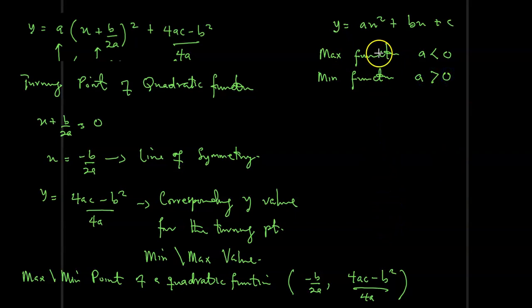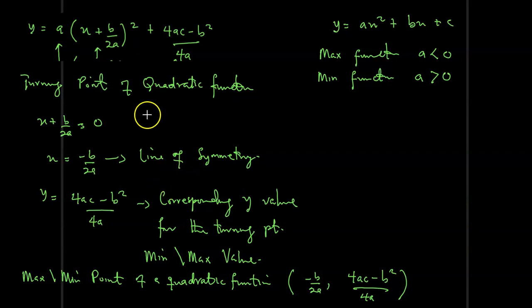So having that in mind, it makes it very easy to determine whether the quadratic function is going to be a maximum quadratic function curve or a minimum quadratic function curve. I'll be making a new video on curve sketching in terms of quadratic function, so we'll be looking at that, and you learn also from that.